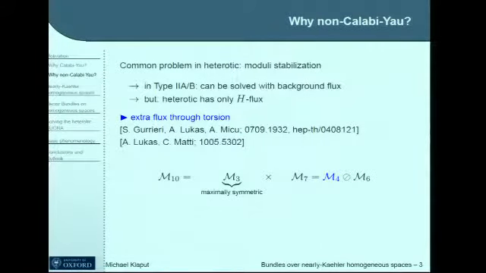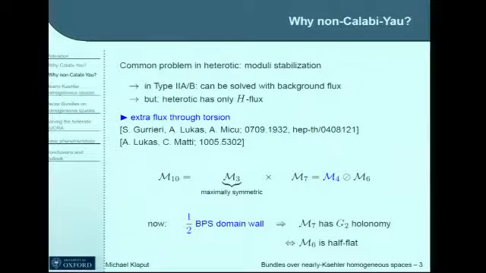However, now this will be a warped product, and it can be shown that if you look for a supersymmetric solution, you won't get a maximally symmetric 4-dimensional spacetime, but a domain wall, which is half BPS. Then you can show that M7 has G2 holonomy. This is very different from the G2s we heard about yesterday, because this is a non-compact G2, and it can be achieved if the internal 6-dimensional space is half-flat.